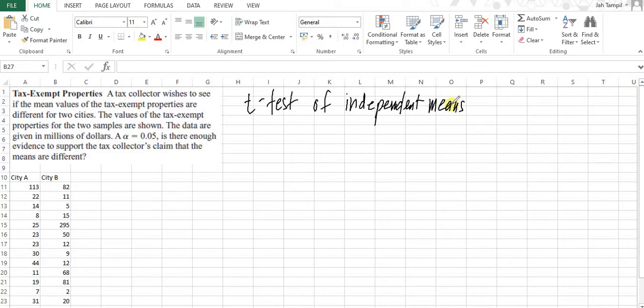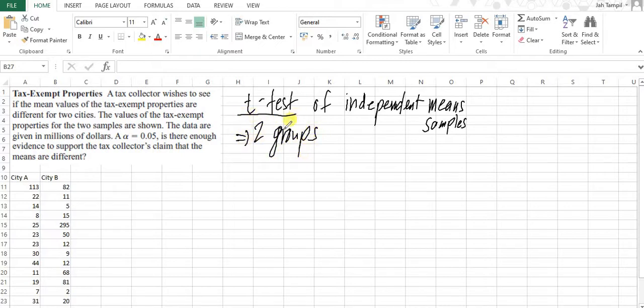There are many different ways wherein t-test of independent means is called. Sometimes it's called t-test of independent samples, or sometimes it's the other way around. Independent means t-test, independent samples t-test, and so on. Now, the only thing that we would need for this is that there are two groups.